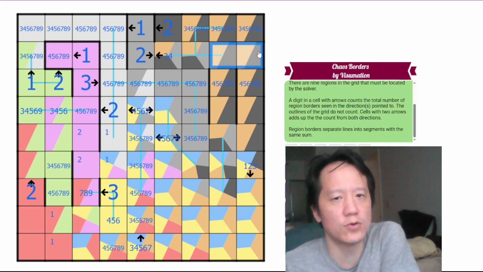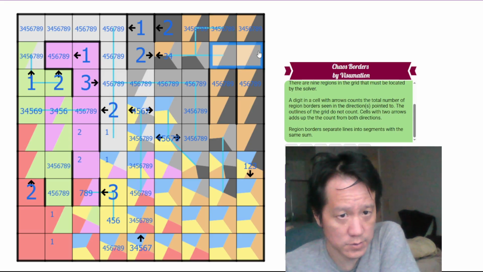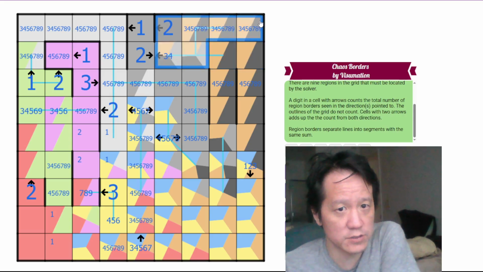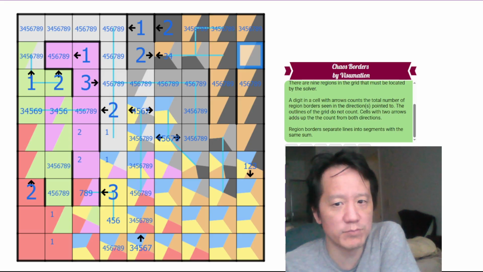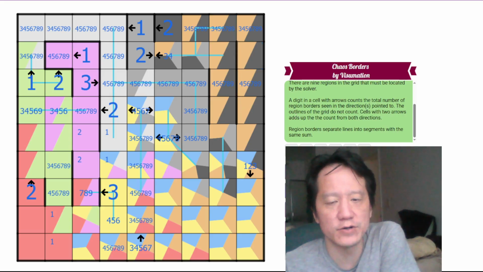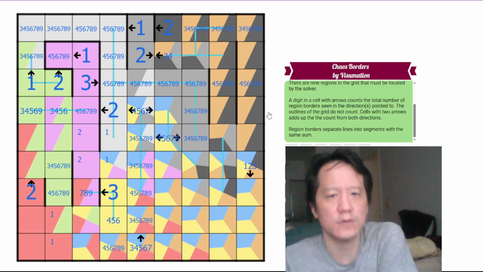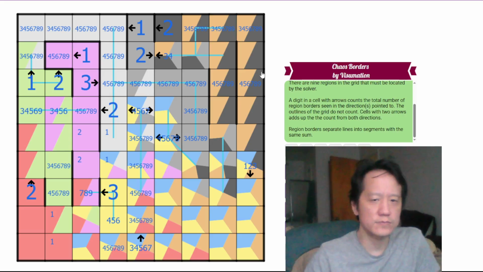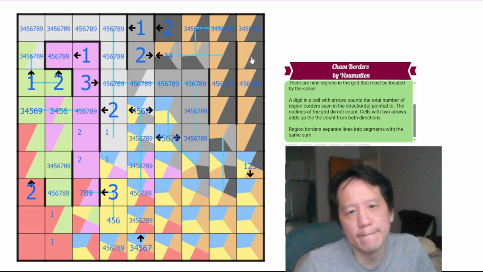If this is both orange, dark doesn't have enough spaces to form. So this must be essentially a boundary. And since this is a boundary, I get you could have gray.